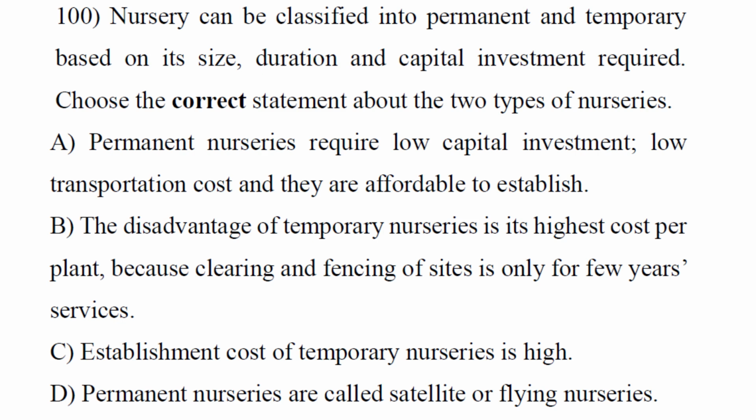B. The disadvantage of temporary nurseries is its highest cost per plant, because clearing and fencing of sites is only for few years' services. C. Establishment cost of temporary nurseries is high. D. Permanent nurseries are called satellite or flying nurseries.